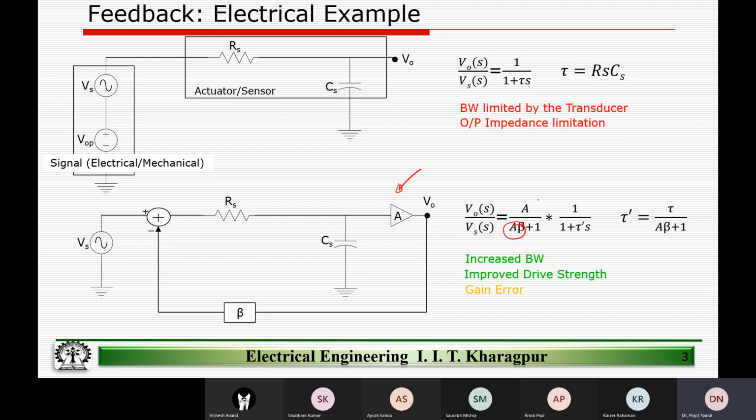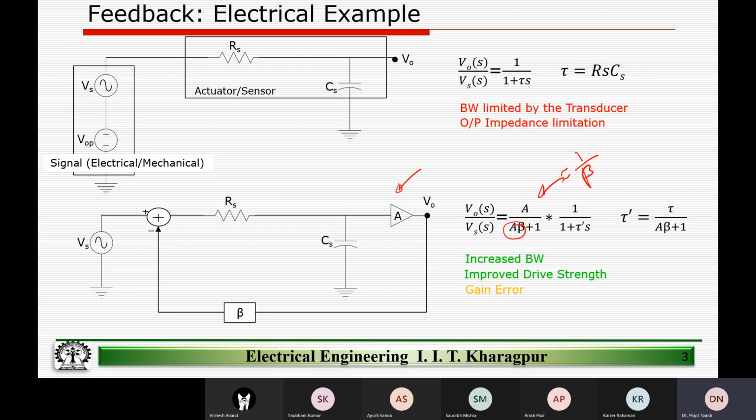So if A beta becomes higher and higher, this will become approximately equal to 1 by beta, right? So we have a gain error, but also we now have a control over the actual closed loop gain that we want from the system, right? So if beta is 1, then it is fine.